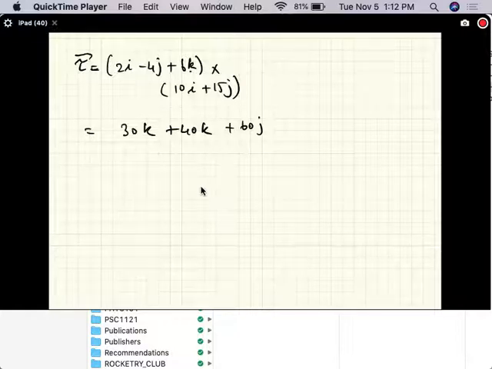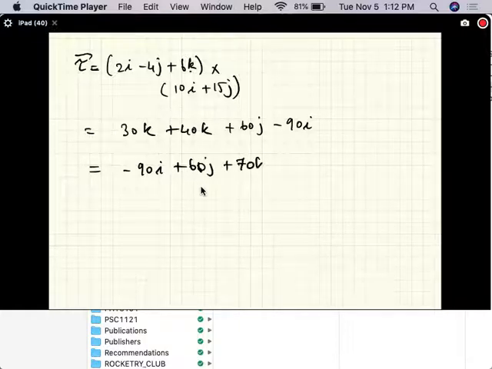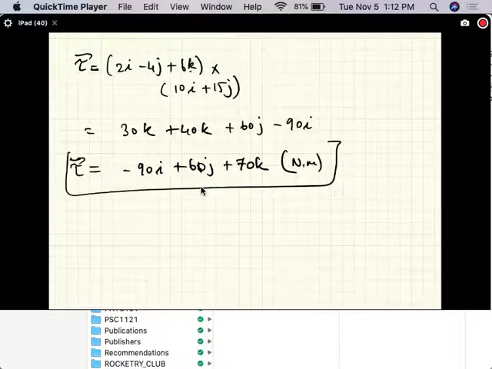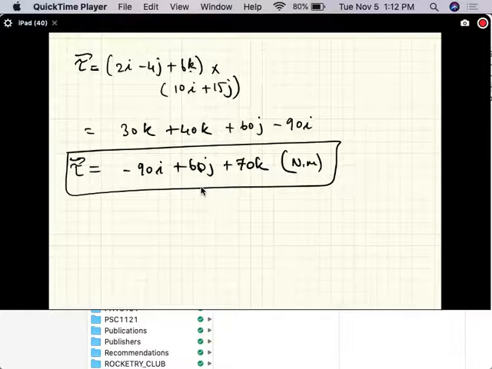And then k cross j is minus i, and that is minus 90i. All right, so minus 90i plus 60j plus 70k. And what are the units for torque? Newton meter. I just wanted to show you another way. You can always go back to your default method of calculating the cross product.